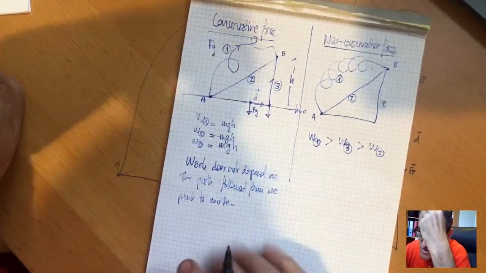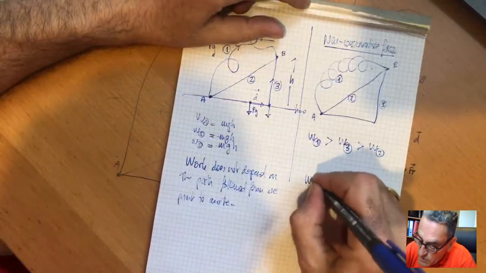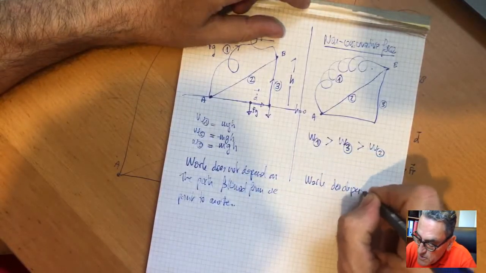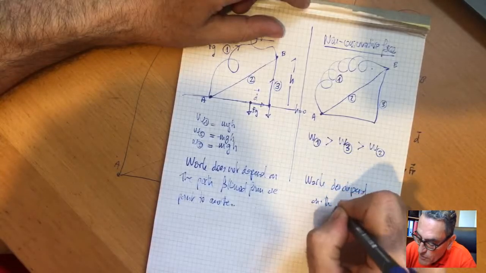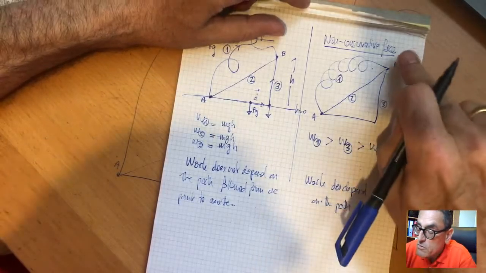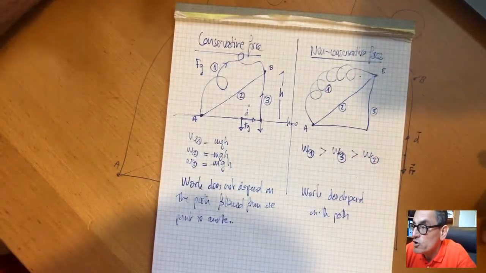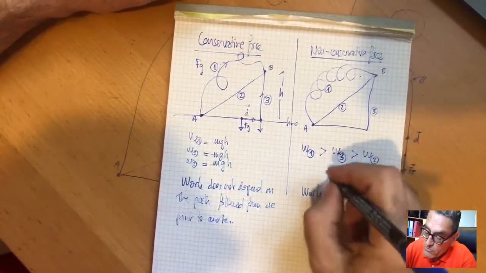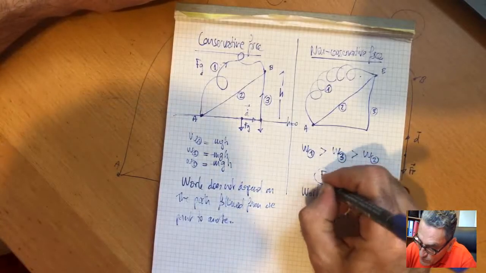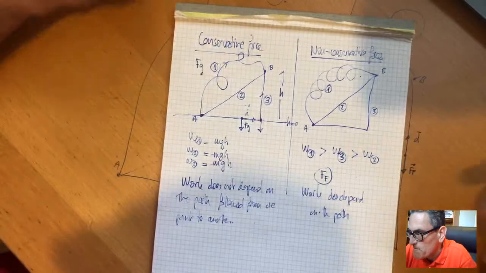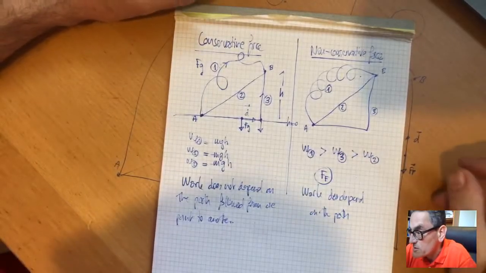So here work does depend on the path, and so this force field is non-conservative, and the force we are talking about here is the friction force. The friction force is never conservative. The friction force always makes you lose energy.